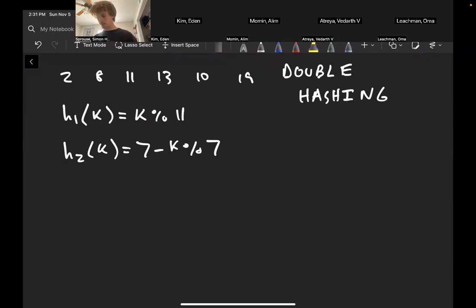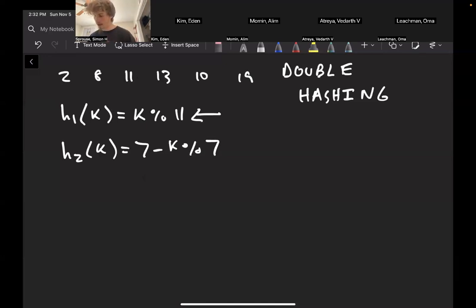The idea behind this hashing function is that any huge number k, mod 11, is going to hopefully, theoretically, randomly map somewhere between 0 and 10, and then this one would be 0 through 6.